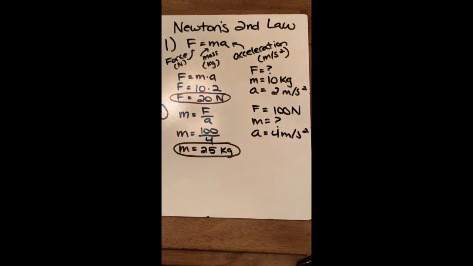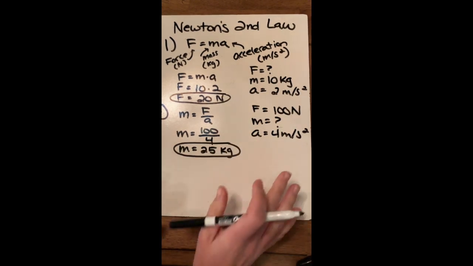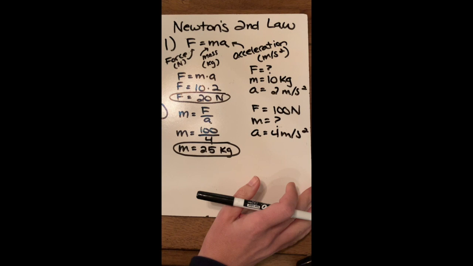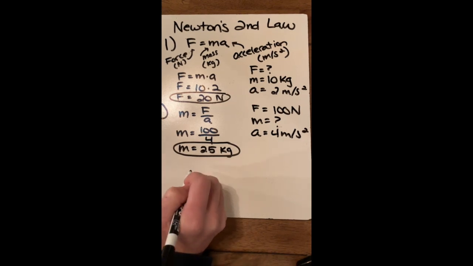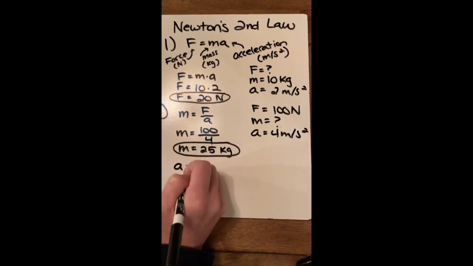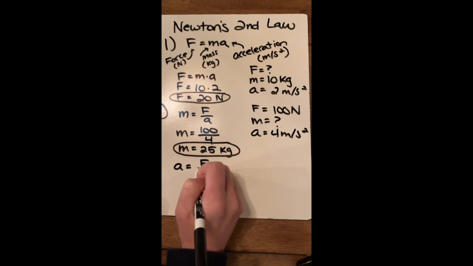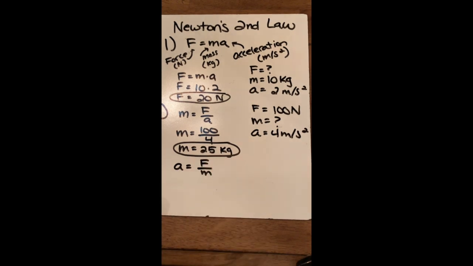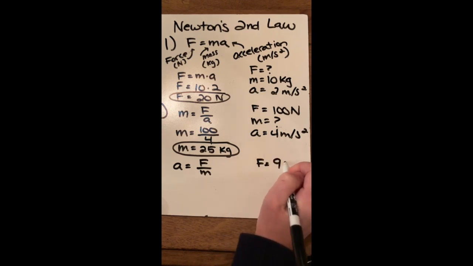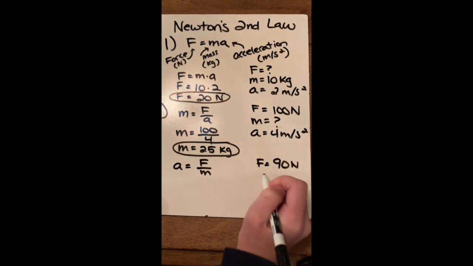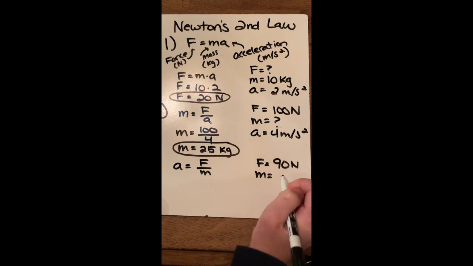Great. So sometimes you are given the force and you're given the mass, but you're not given the acceleration. So this is the third variation of Newton's second law, acceleration equals force over mass. So let's say a scenario, I know my force is 90 newtons. My mass is 3 kilograms.